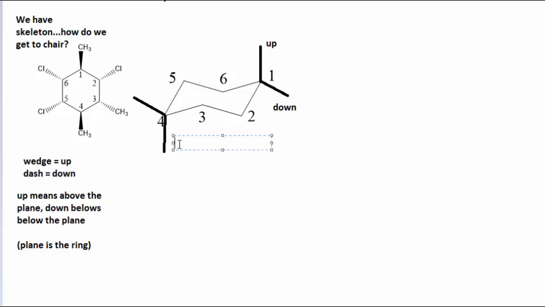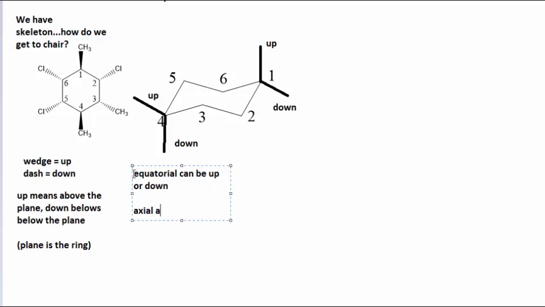We would call this down, and we'd call this up. So what I'm trying to say is equatorial can be up or down. Axial can be up or down. Don't confuse axial with always being up or equatorial with always being down, and a lot of people do that.